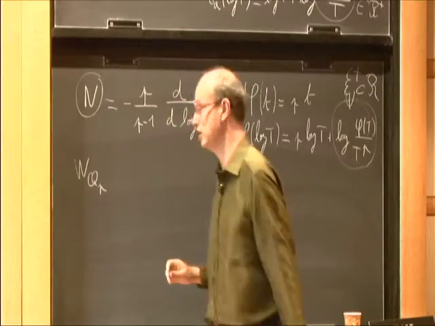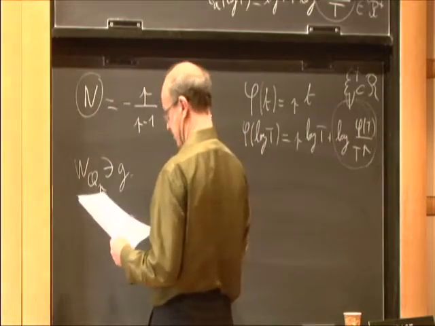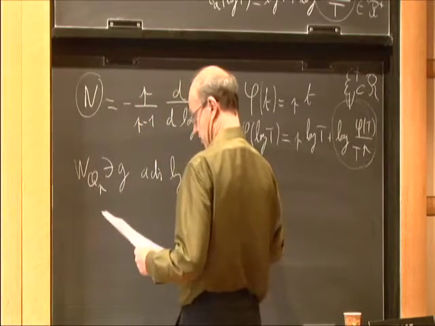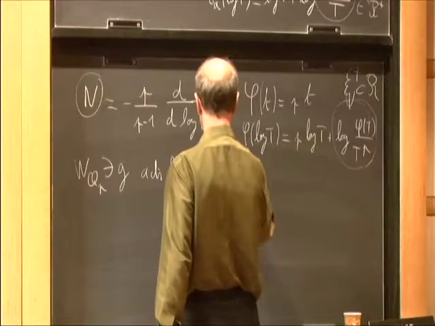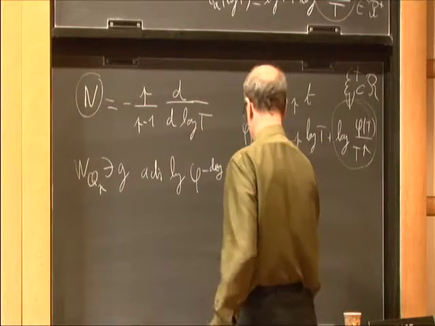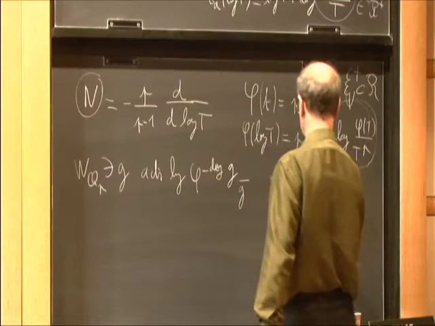Well, if you take a g here, then it acts by phi to the minus degree of g times g bar, where g bar is the image in gamma.